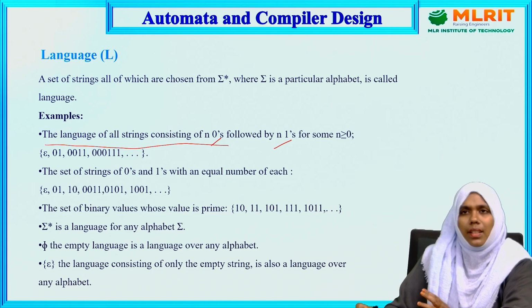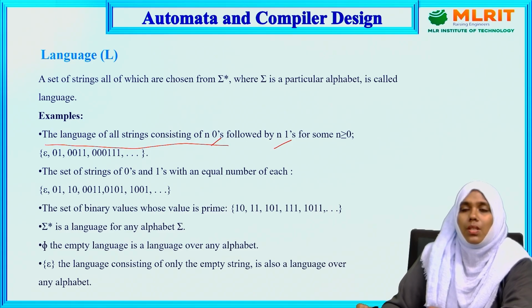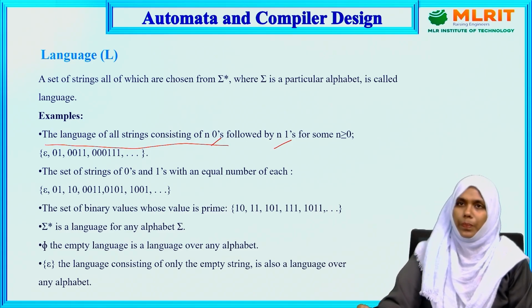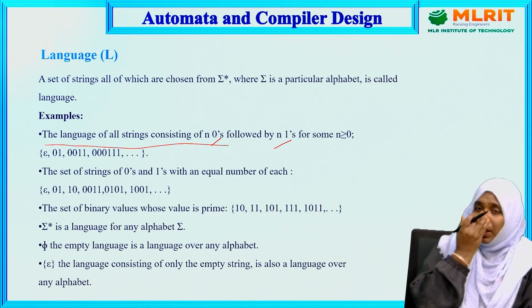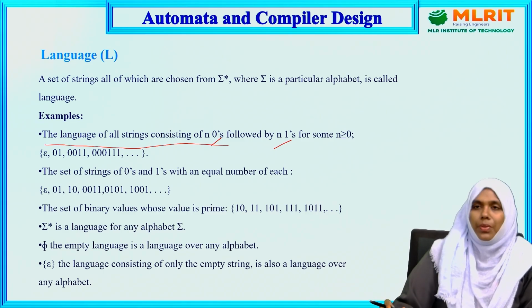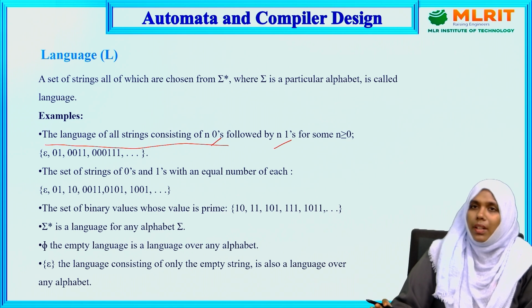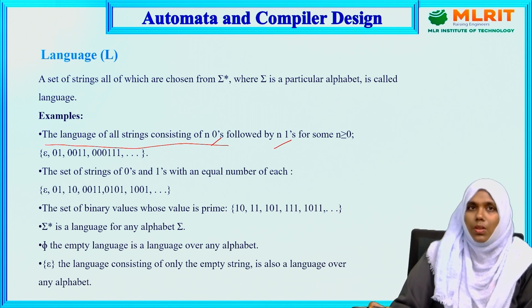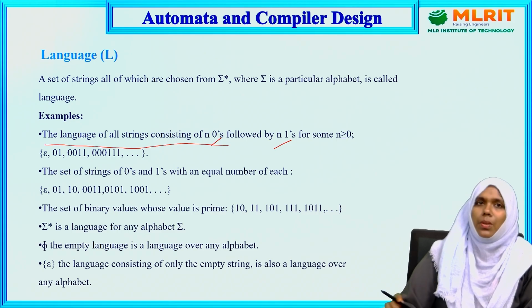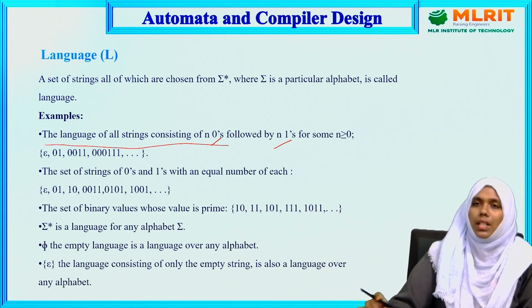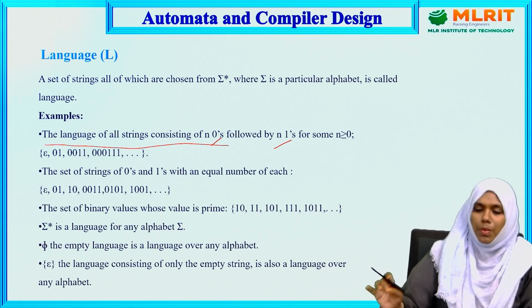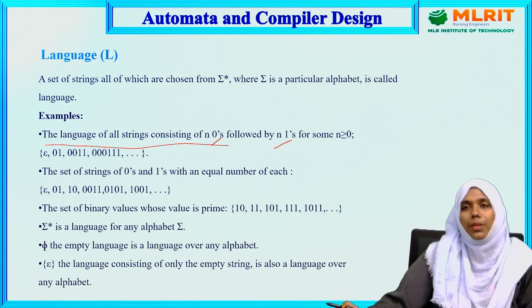Whenever you write 0 and 1, 0 should be followed by 1. You can't write 1 0; you have to write 0 1, 0 1 0 1, and so on. However you write it, 0 should be followed by 1, not 1 followed by 0.